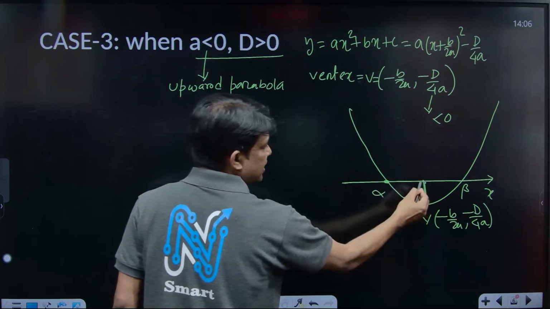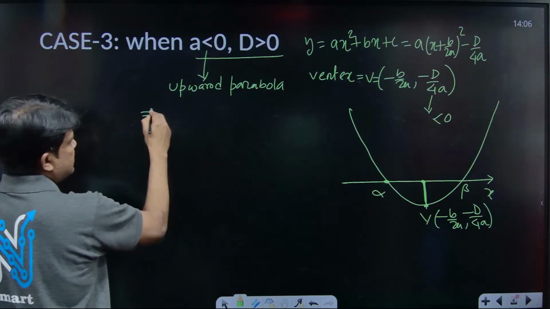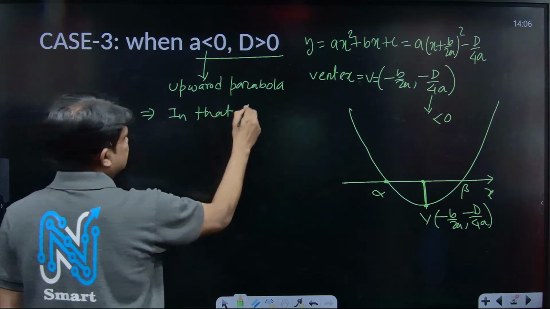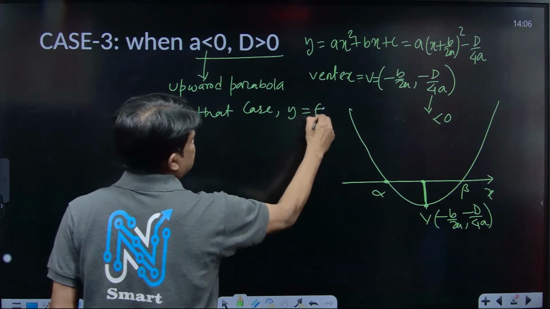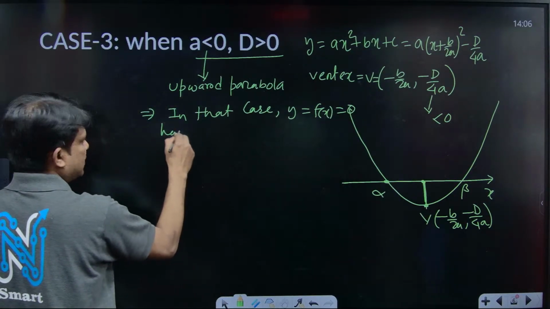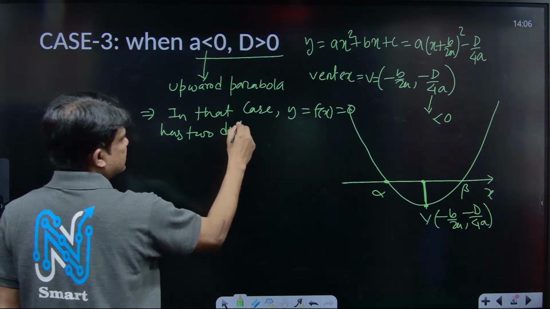The vertex to real axis distance is called the minimum value. So for an upward parabola, in that case y equal to f(x) equal to 0 has two distinct real roots.